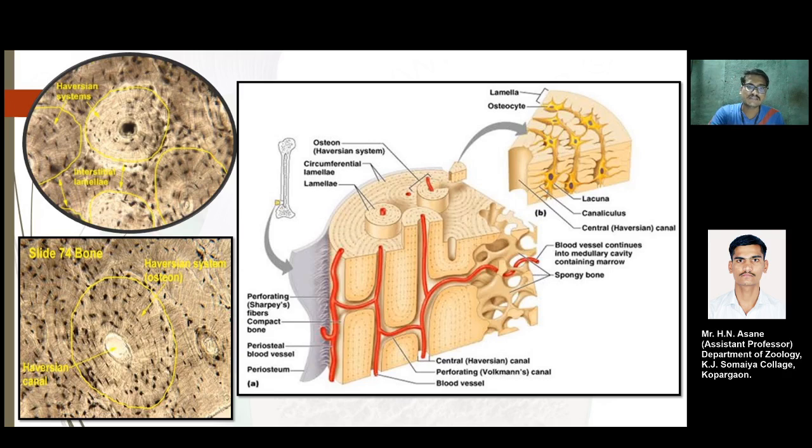As you can see, this is compact, and these are very detailed.